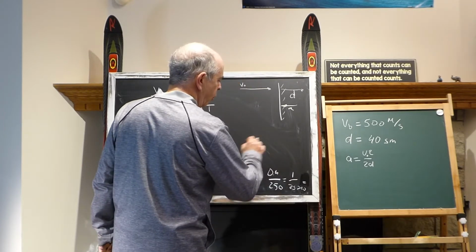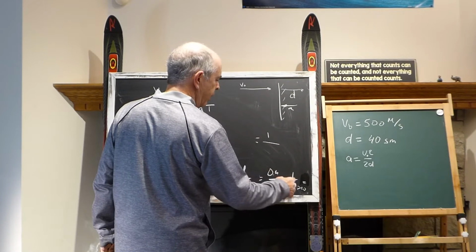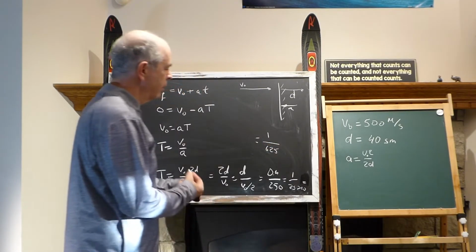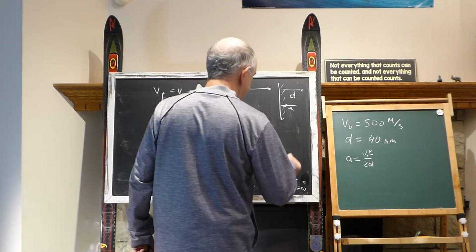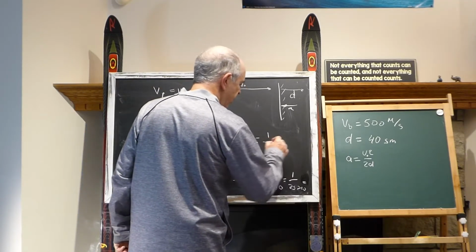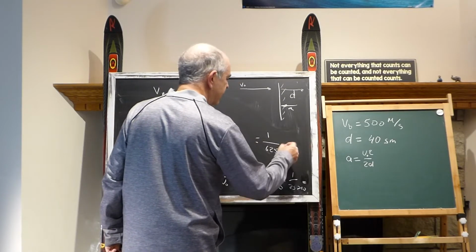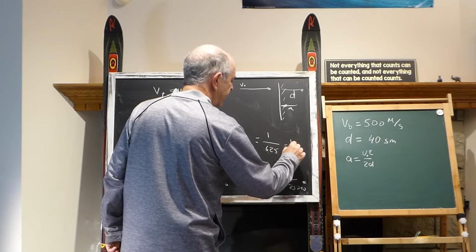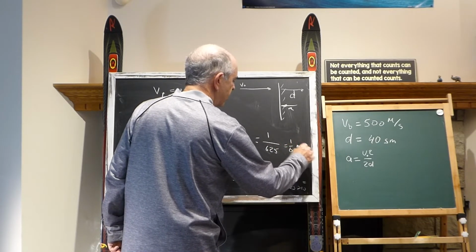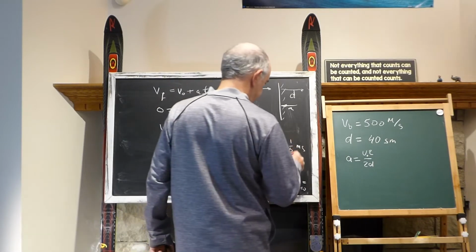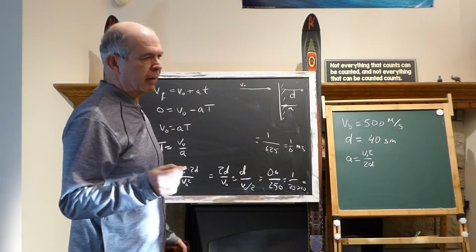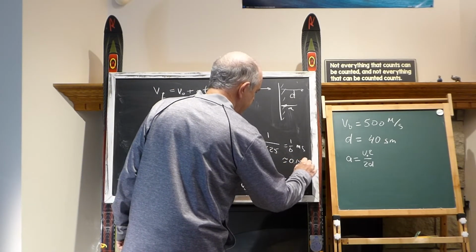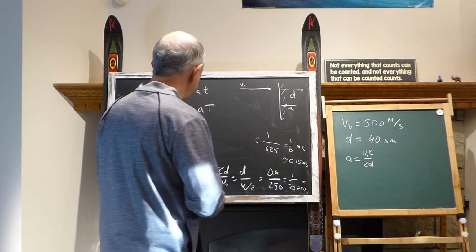It would be 1 over 250, 625. So very roughly, in milliseconds, this would be 1 divided by 6 milliseconds, because it's 1000 here. So 1/6 is roughly 0.15. So it's very roughly 0.15 milliseconds. So things happen very fast.